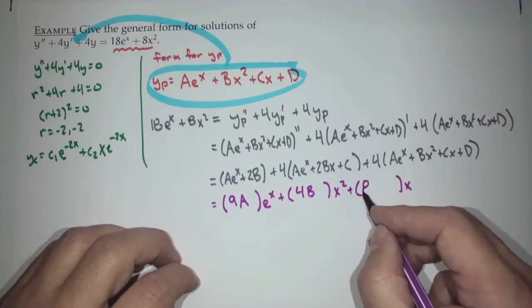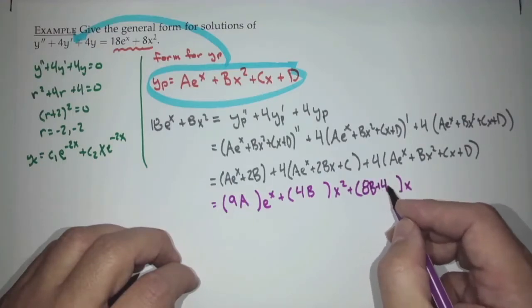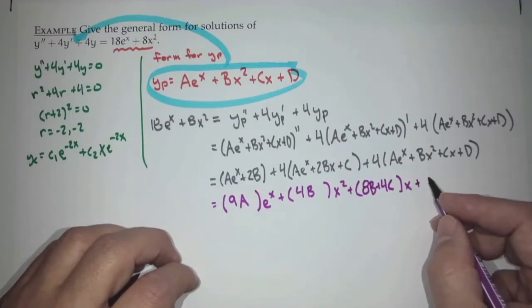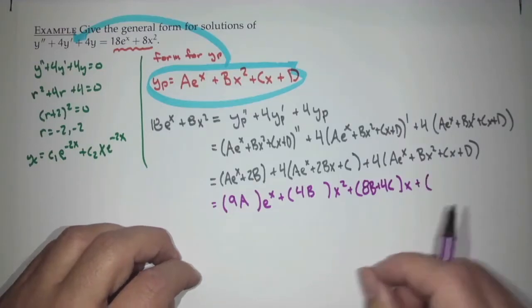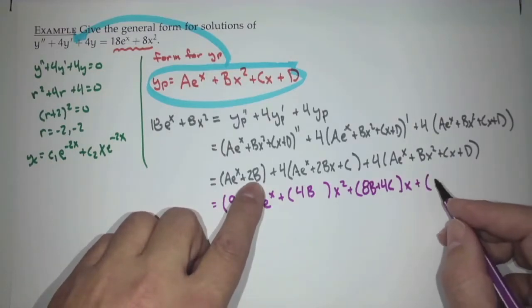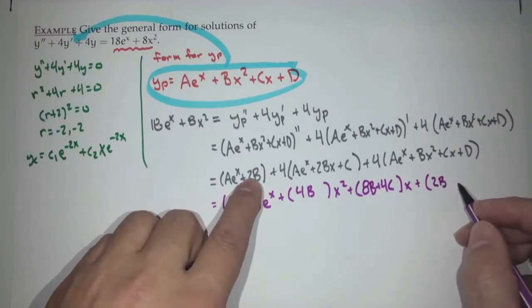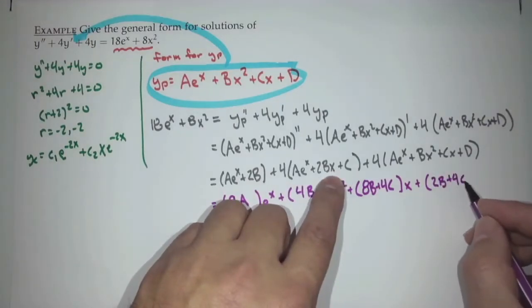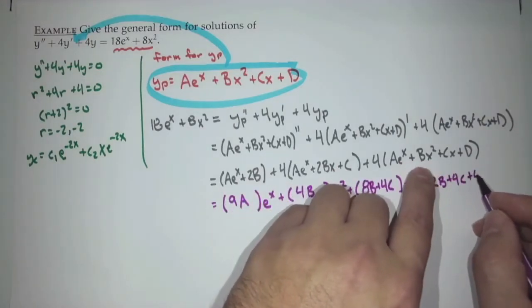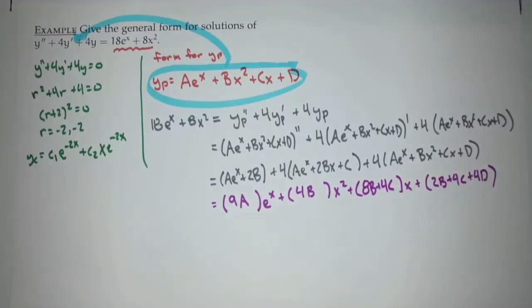So we have 8b plus 4c. How about constant terms? 2b, plus 4c, plus 4d.